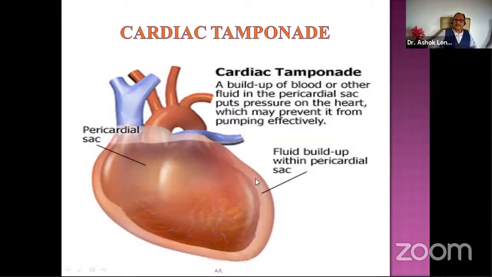So what will happen if there is more buildup within the pericardial sac? The pericardial size will increase, and the heart will not move but will float within it. In the radiological appearance, that is called a globular heart. It is like a bulb inside water.